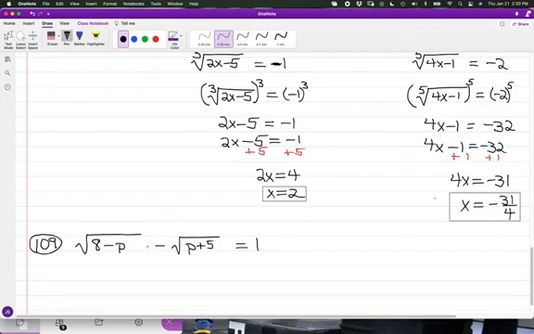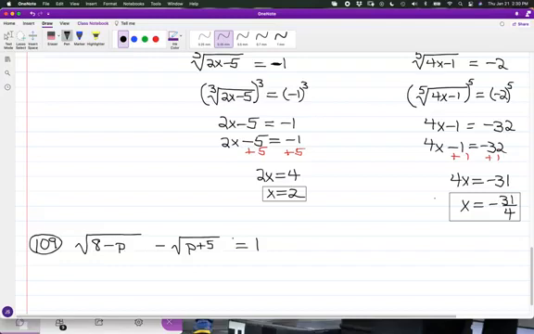And what you can do here is to isolate either of these two radicals and just move the other. Say we just leave the square root of 8 minus p by itself on the left.